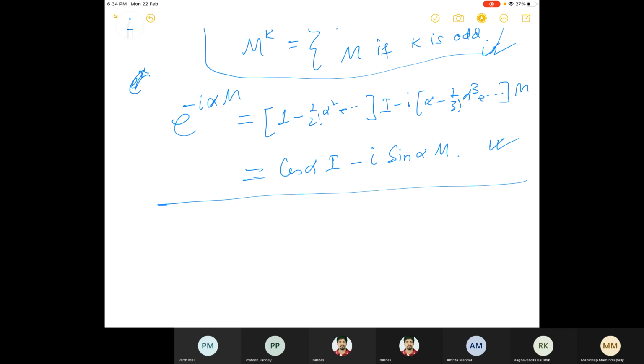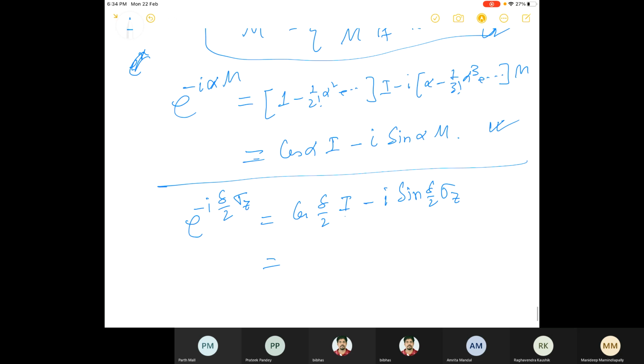Now, if I compute e to the power minus i delta by 2 sigma Z, what do I get? This is cos delta by 2 identity, because of this formula, minus i sine delta by 2 sigma Z. And if you write it out, this is e to the power minus i delta by 2 times e to the power i delta, which is actually what you can call RZ delta.